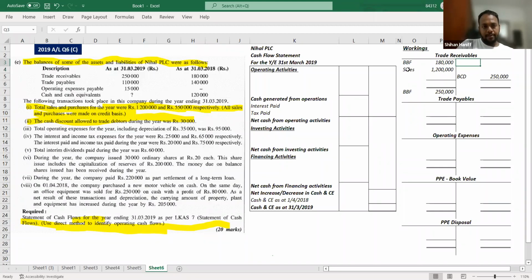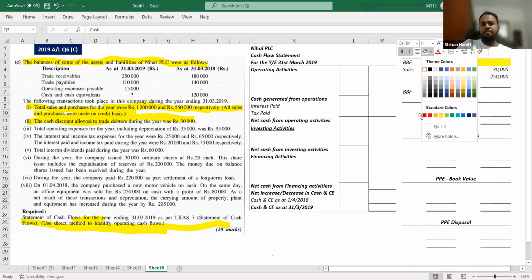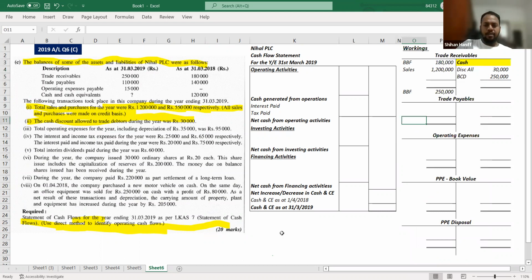Then there is discount and cash. Cash discount allowed is 30,000. Difference is cash. Very simple. If you know incomplete records, this is the same thing that we are doing. Identify the cash received from the trade receivables.